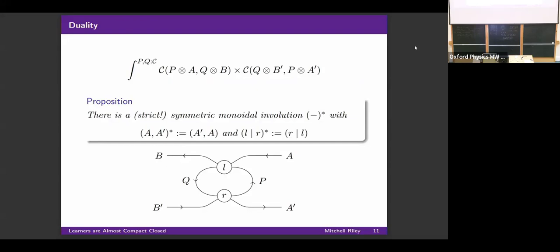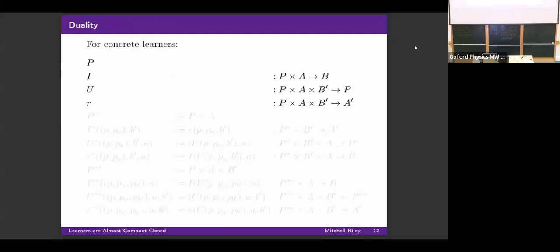So in terms of a diagram, we're just taking it and turning it upside down. And clearly, if we do this twice, we get exactly back to where we started. So for Cartesian learners, we can go back and unwind what this is actually doing to them. So this operation must exist in the Cartesian case as well.